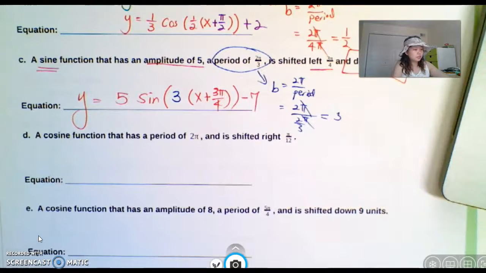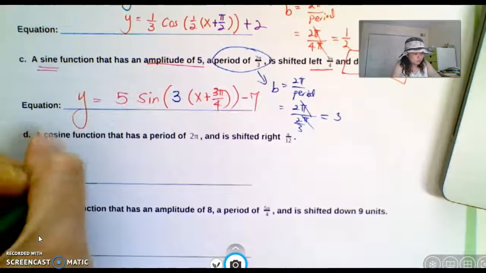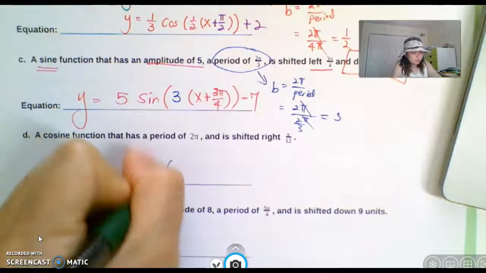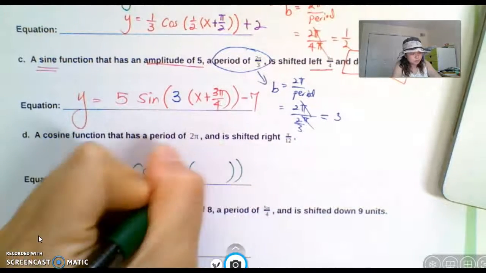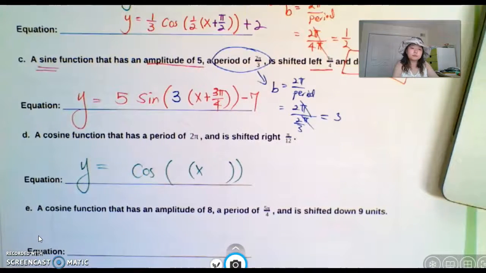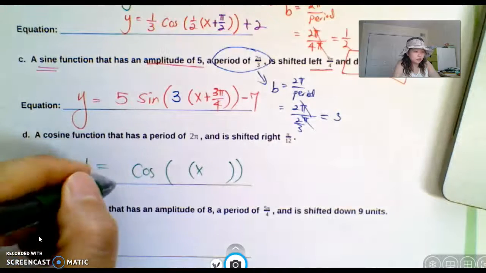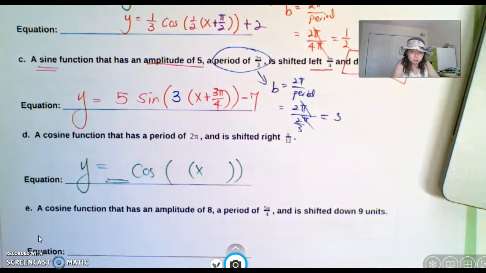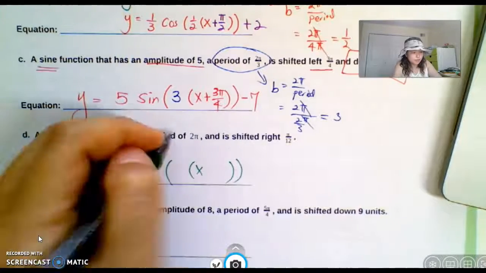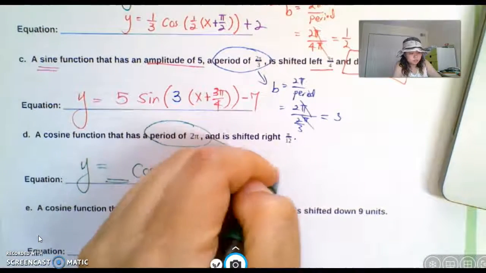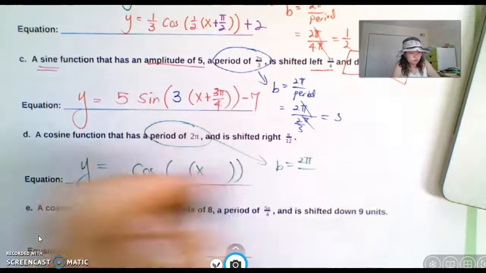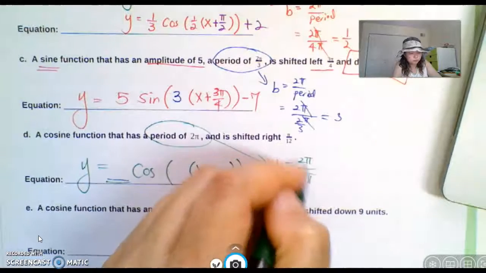All right, let's look at this cosine. Y equals cosine. Double parentheses, put x there. Let's do that as a setup. Sometimes we might not get to put anything, but it's still good to have a setup. A cosine function that has, where's amplitude? Nothing? Okay, like I said, it's good to have a setup. You don't have to put anything if there's nothing. Have a period of 2 pi. b equals 2 pi over 2 pi is 1.